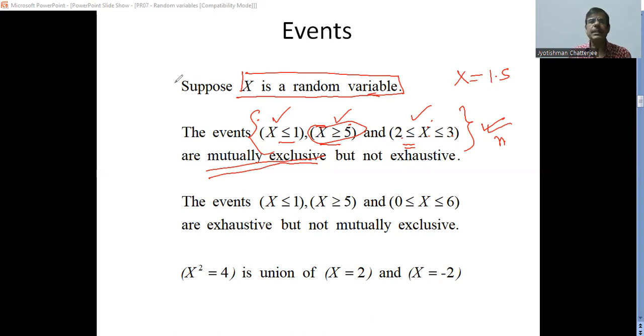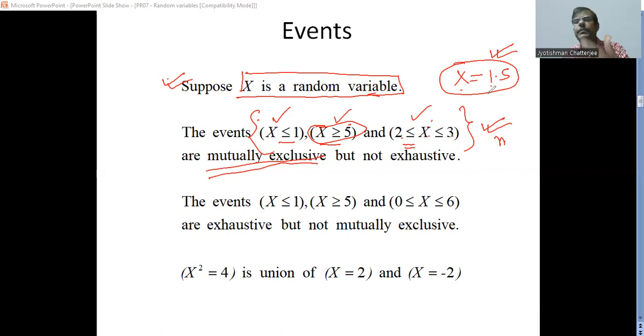Given this information, we are not sure whether capital X equal to 1.5 is a possible value or not. It may be a possible value, and when we are not given some information, we cannot assume the contrary. So we'll have to assume that it is also a possible value.